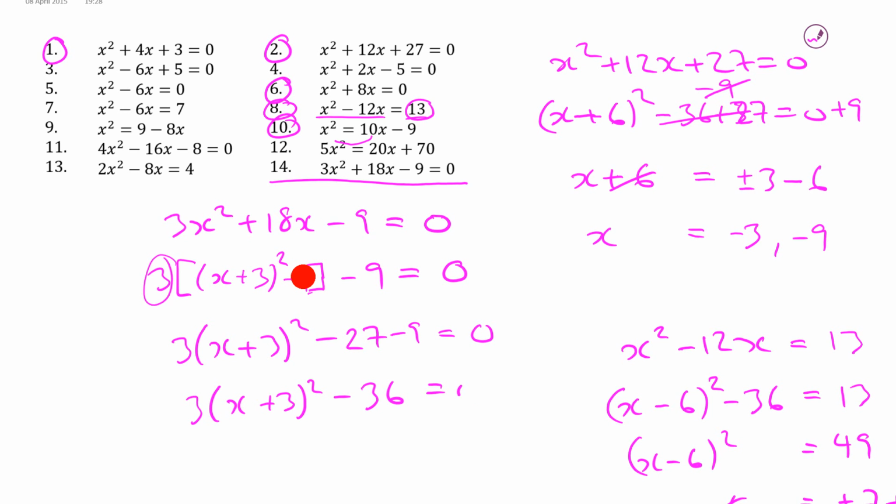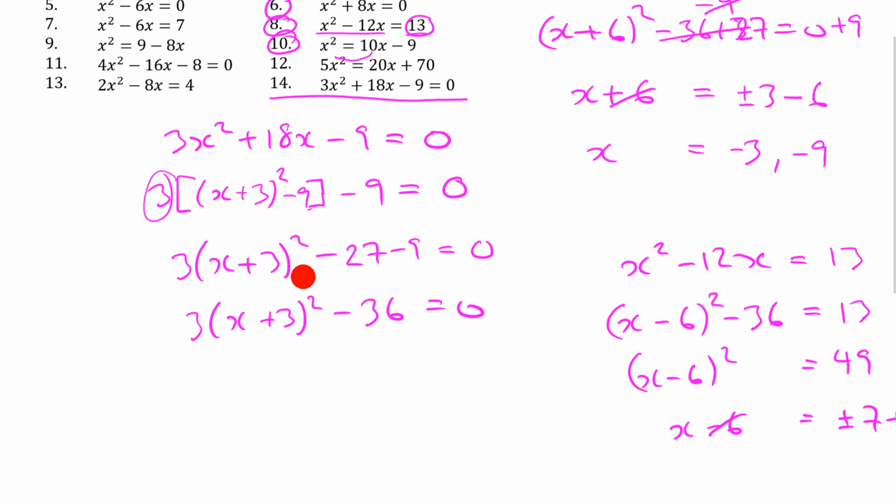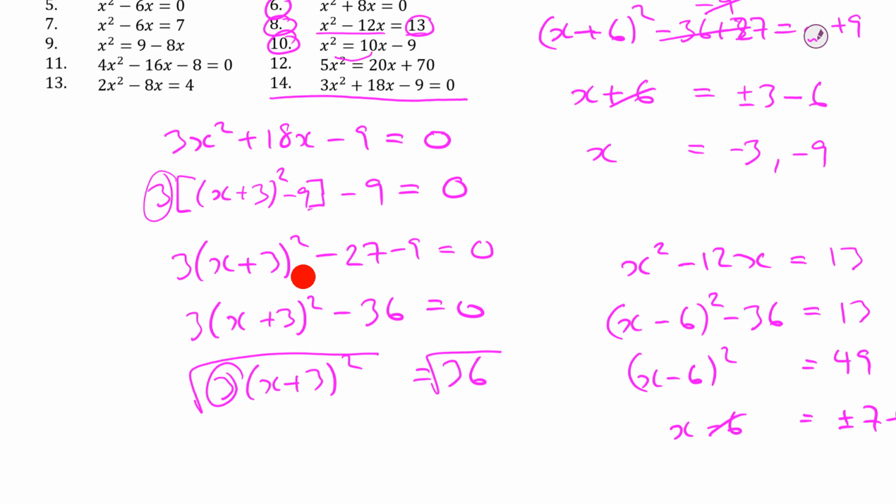Minus 36. So you add 36, which equals 12 on the other side. And then you can square root it. The problem is, if you square root that, you have to square root this. Now normally that's not a problem, but we've got this 3 in front which causes a problem.